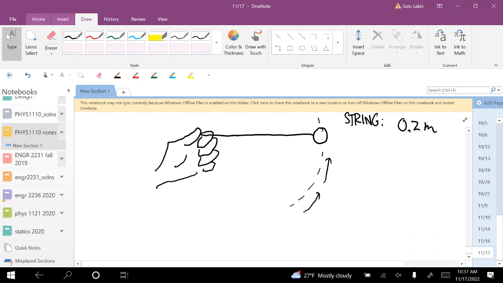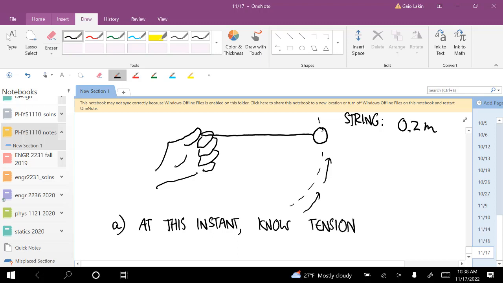And let's say that, so for part A, at this instant, let's say that we know the tension in the string is 80 newtons.